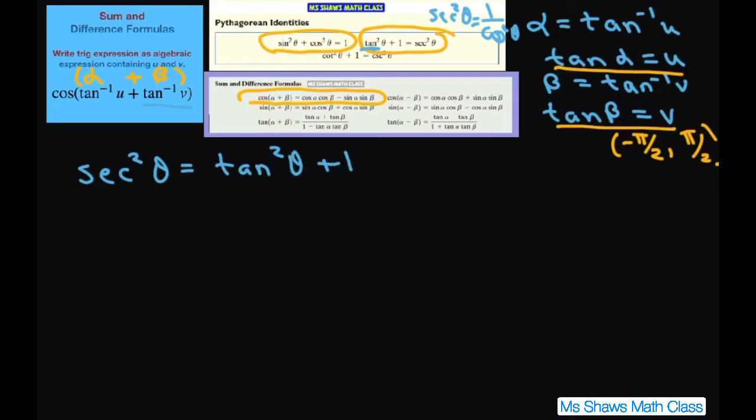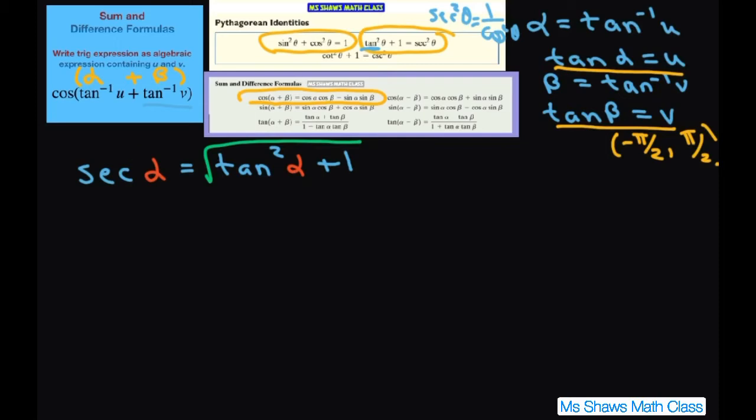So if we want to use alpha, I'm going to change these to alpha. All right, and I want just secant, not secant squared. So I'm going to square root both sides. If I square root both sides, this square over here goes away.